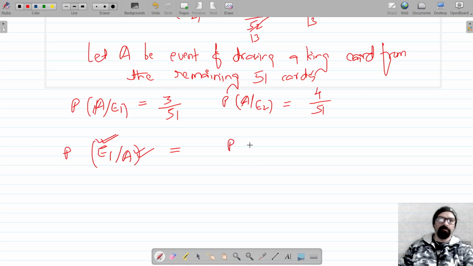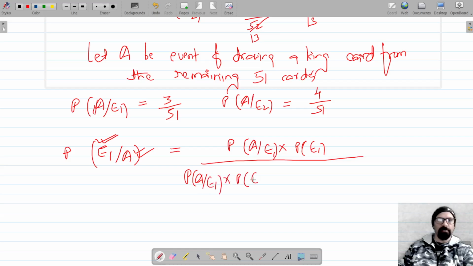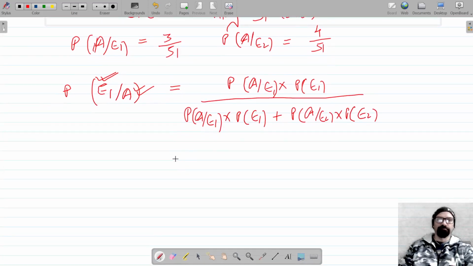Using the Bayes theorem, this is the probability of E1 given A. And once again, we have a total of two events. So this is probability of A by E1 into probability of E1, plus probability of A by E2 into probability of E2. Let's put in the respective values.